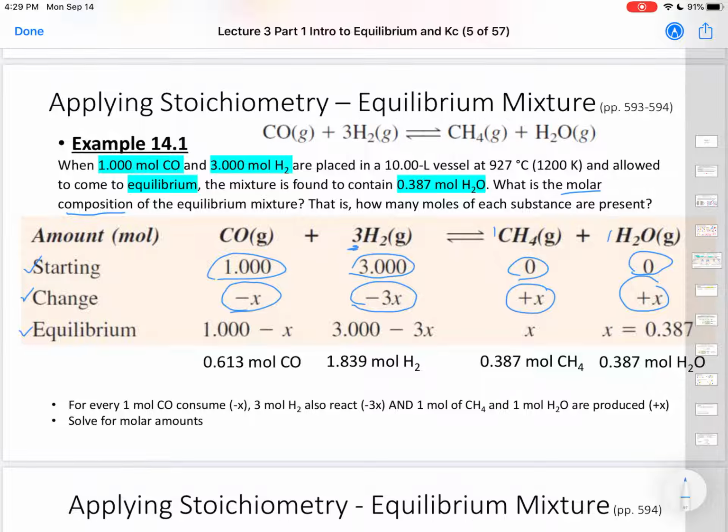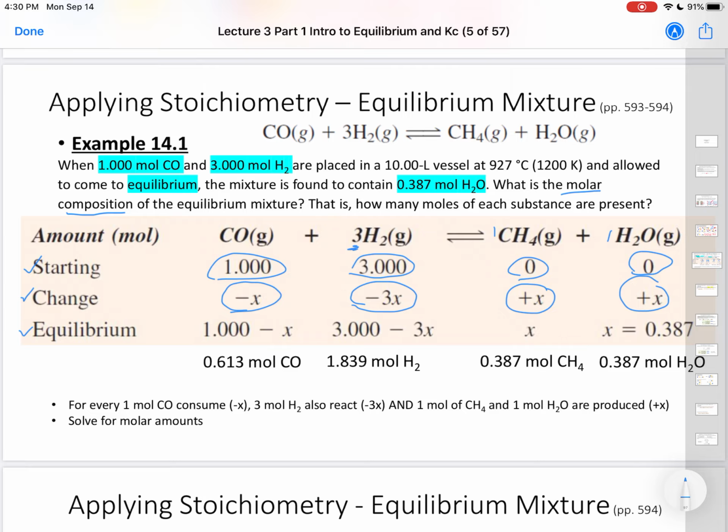Okay, so at equilibrium, really what you have in a flask is 1 minus x, x representing how much of the CO has reacted, 3 minus 3x, and again 3x stands for how much of the hydrogen gas has reacted, and it's going to form x and x. X stands for the molar amounts of CH4 and water.